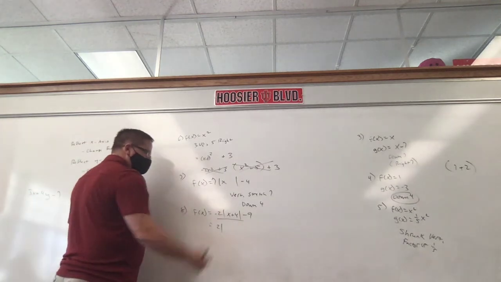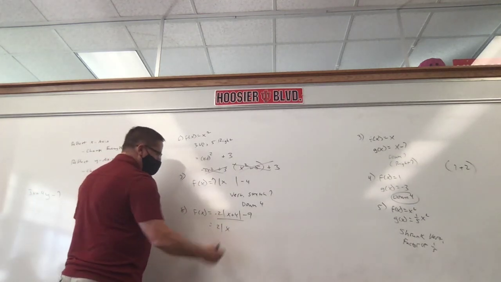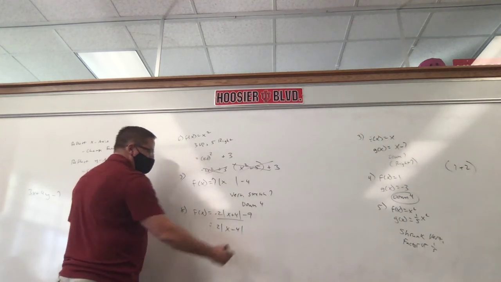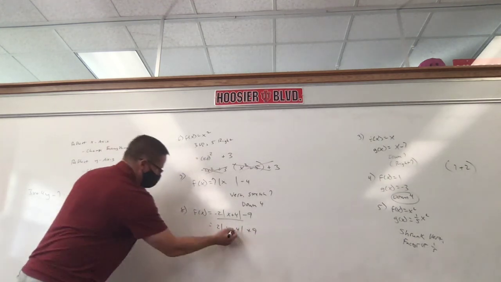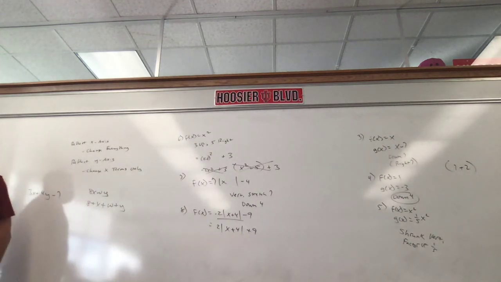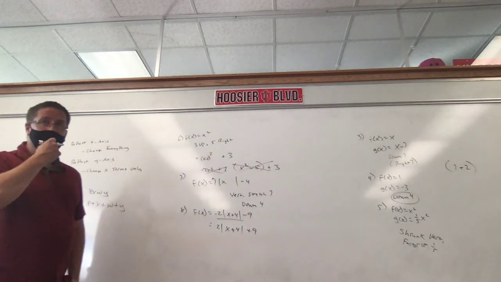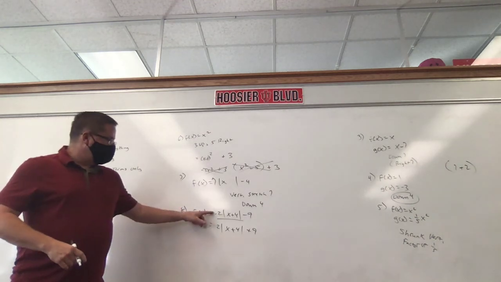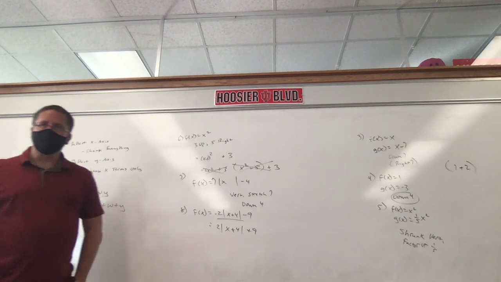Are we going to change the plus 4? Nope, that changes all of it. And then we change the negative 9. Wait, don't change the plus 4. I said don't change it, didn't I? But I did. Thank you for catching me right then and there. I said it right and wrote it wrong. So change this, change that, done.